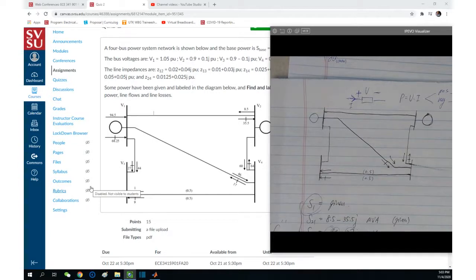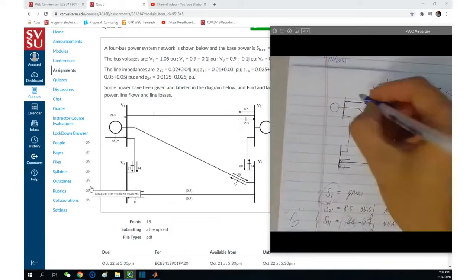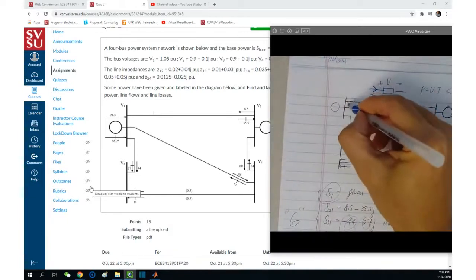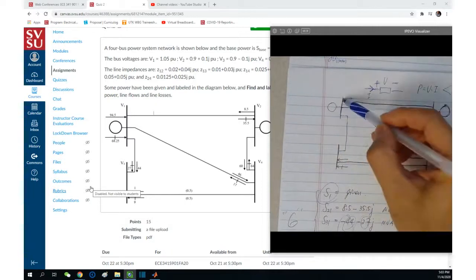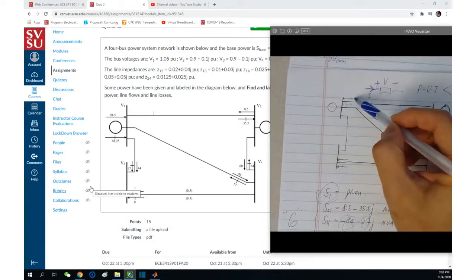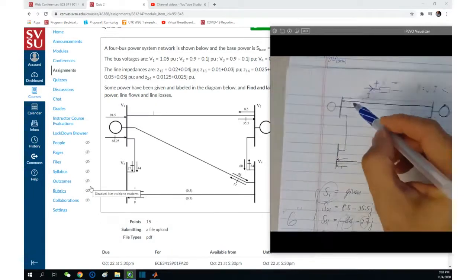Yes, the power flows because this is saying towards this direction is the power positive.